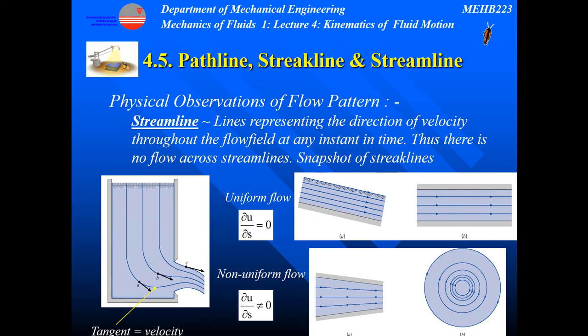Another one is called a streamline. Streamlines are lines representing the direction of velocity throughout the flow field at any instant in time. These streamlines are used when you do the analysis. You cannot see them. They are not used for experiments, but for analysis.